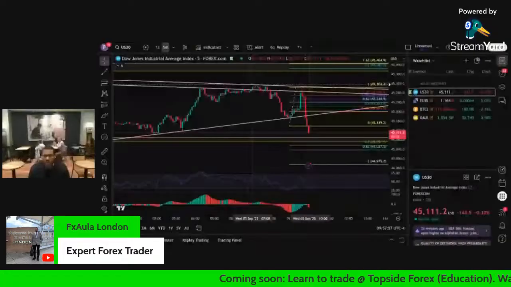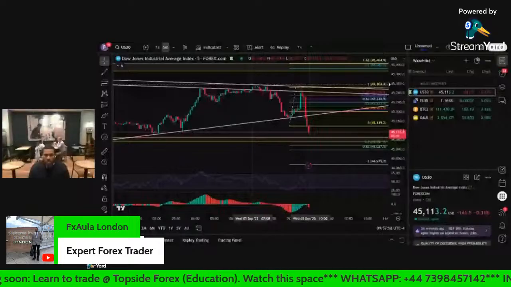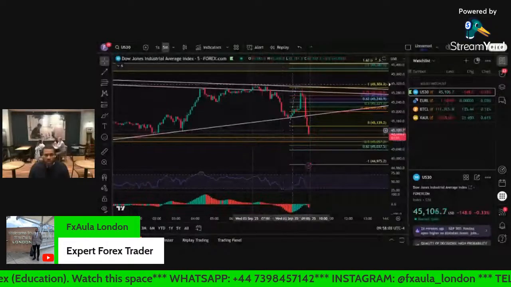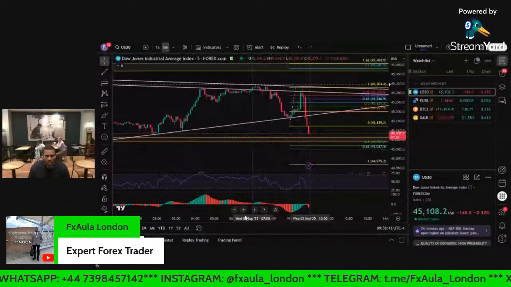Bitcoin on USD and other coins. The structure is followed, but we have a significant support and resistance area here.